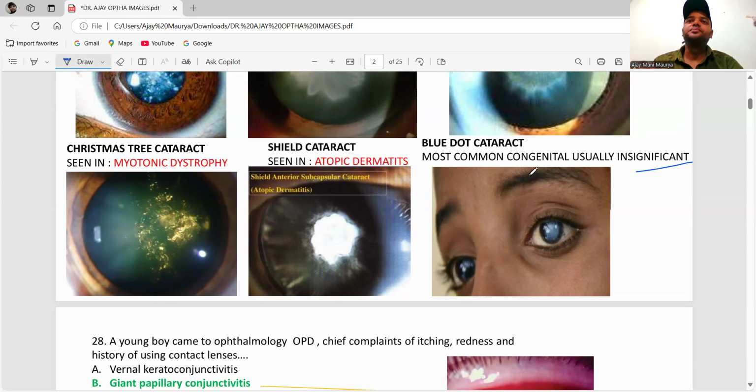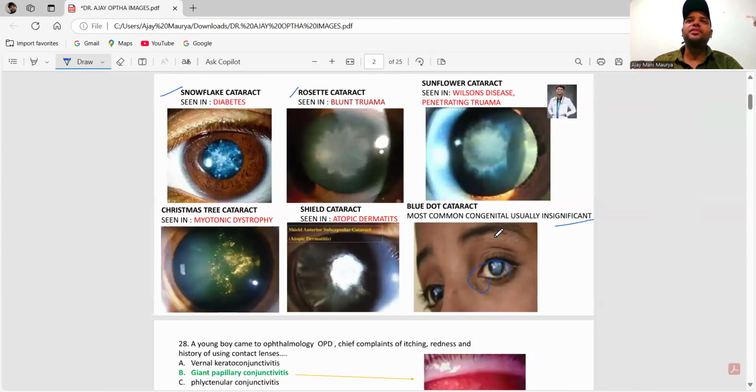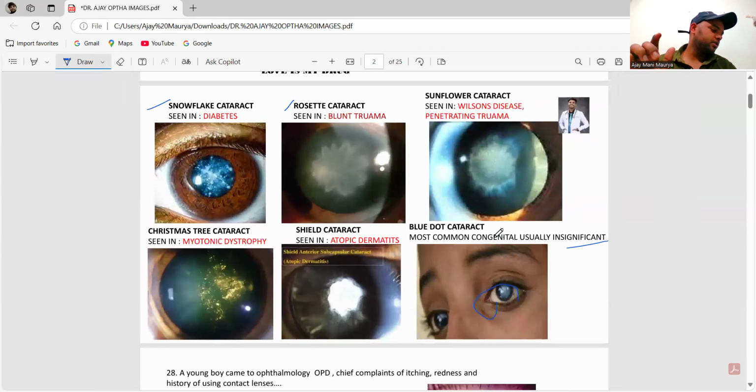So guys, from these types of cataract, you will get one MCQ.